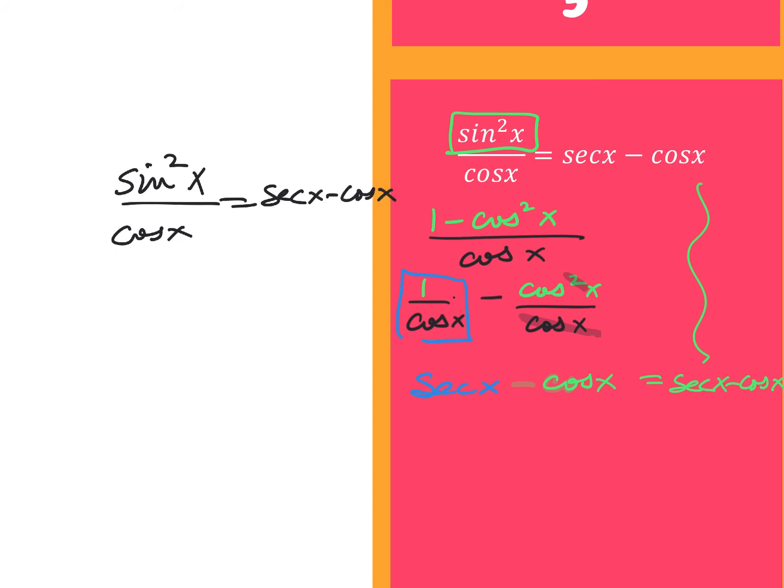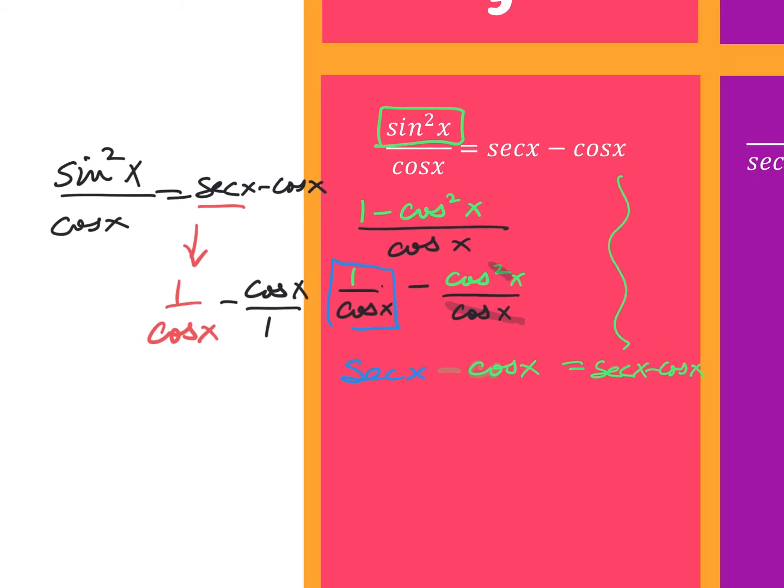So what I'm going to do instead is turn secant x into its reciprocal, and then leave this alone for now. And now I'm going to find a common denominator. My common denominator is going to be cosine x. So cosine x needs to get multiplied here and here.